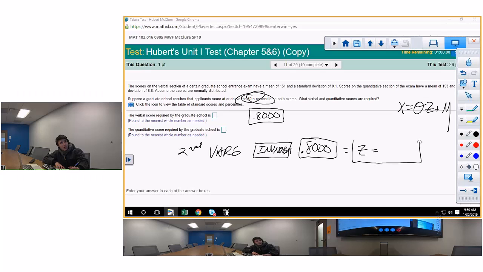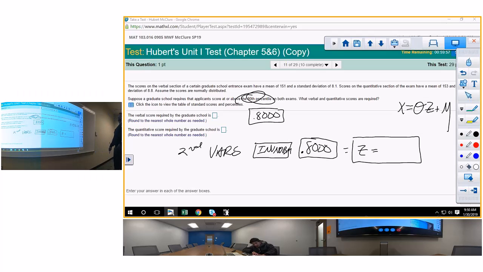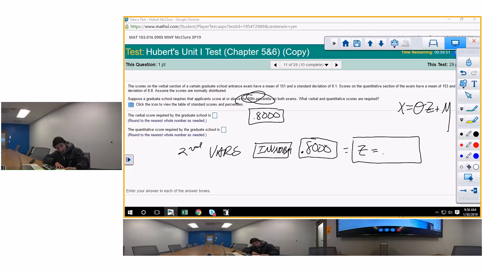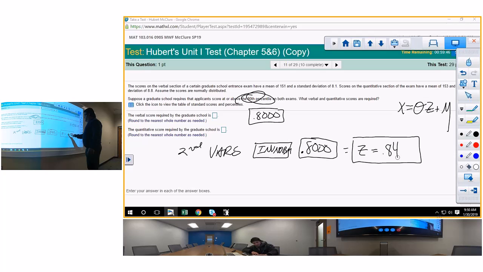Two decimal places because it's a z-score. What'd you say? 0.84. I got 0.84 on this end. Somebody get another one? Everybody get 0.84?